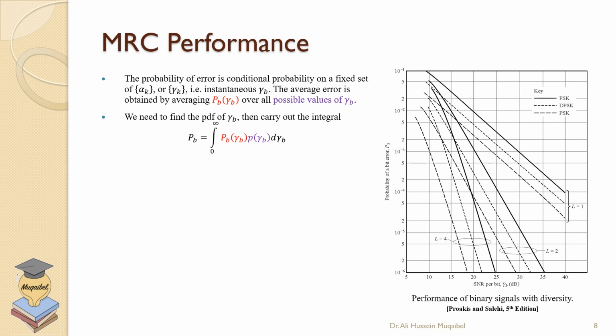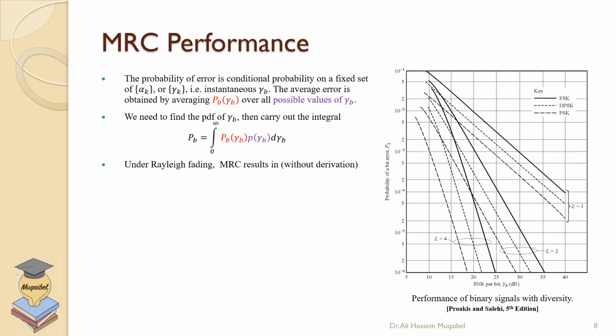The average error is obtained by averaging the probability of error, P sub S, over possible values of gamma, given by the purple color. So what combining does is change the second factor. We need to find the PDF of gamma B, then carry out the integration.